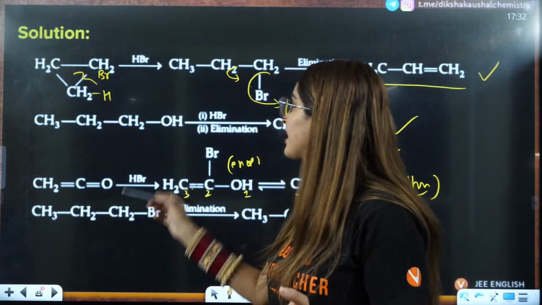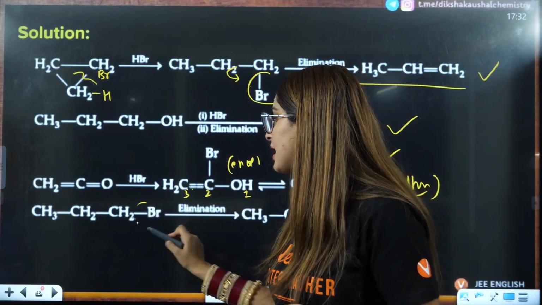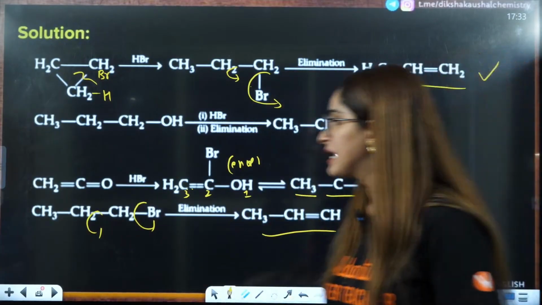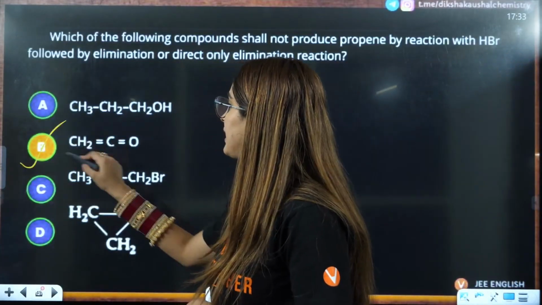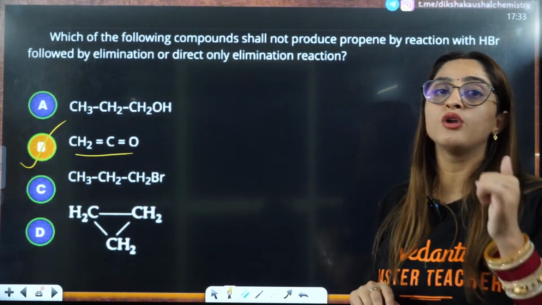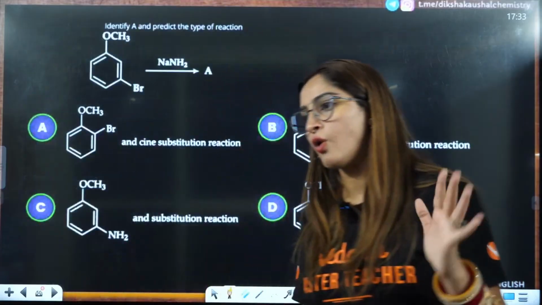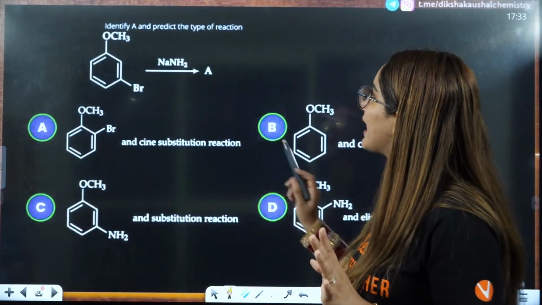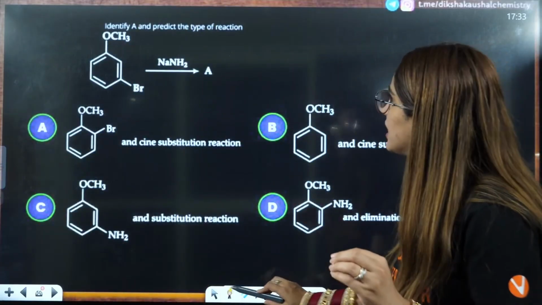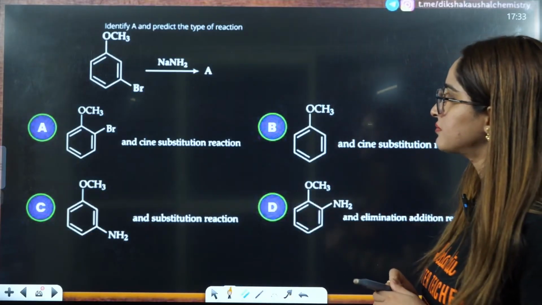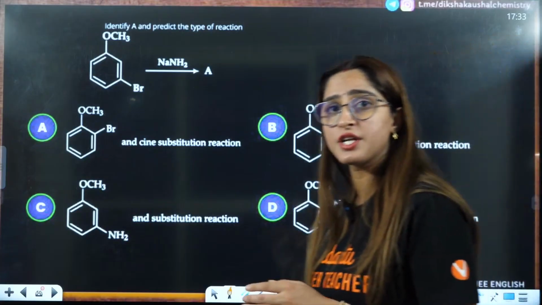In the other case, it is the same thing: elimination will occur and you will have the formation of propene. So B is the correct answer, in which you will not have the formation of propene after the elimination. Next is identify A and predict the type of reactions here. You have to identify, this is a very interesting question.